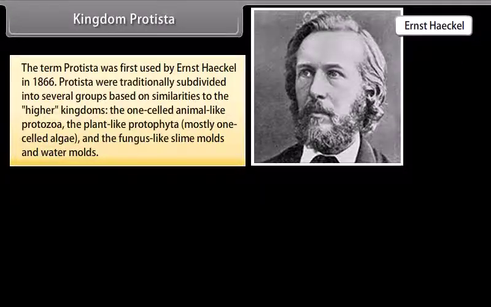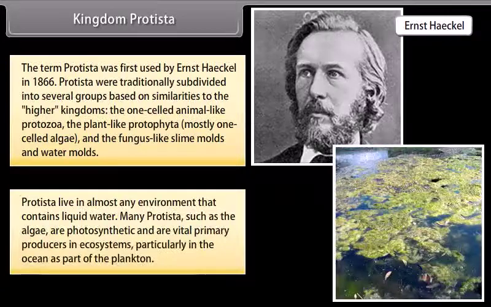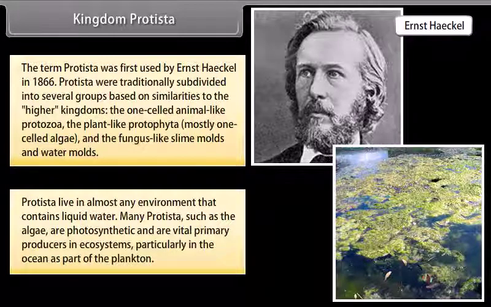Protista were traditionally subdivided into several groups based on similarities to the higher kingdoms: the one-celled animal-like protozoa, the plant-like Protophyta, mostly one-celled algae, and the fungus-like slime molds and water molds. Protista live in almost any environment that contains liquid water.